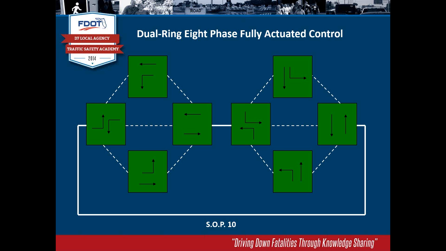The thing that's on the screen now is called SOP10, a much more complicated scenario for signal operation, but you see a lot of major intersections operating like this. At the major intersections, you'll see the left turns will come up first, and then if one direction has more left turn demand than the other, it may go into one of these phases here called the overlap phase.